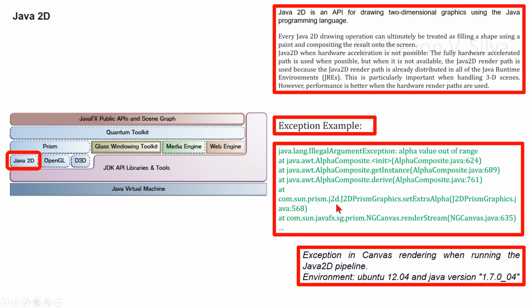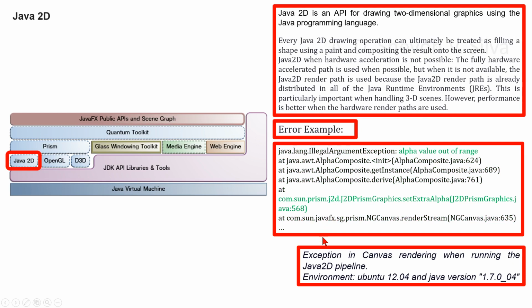As an error example, we can consider this exception that occurred in canvas rendering when running the Java 2D pipeline in an environment with Ubuntu 12.04 and Java version 1.7.0_04.